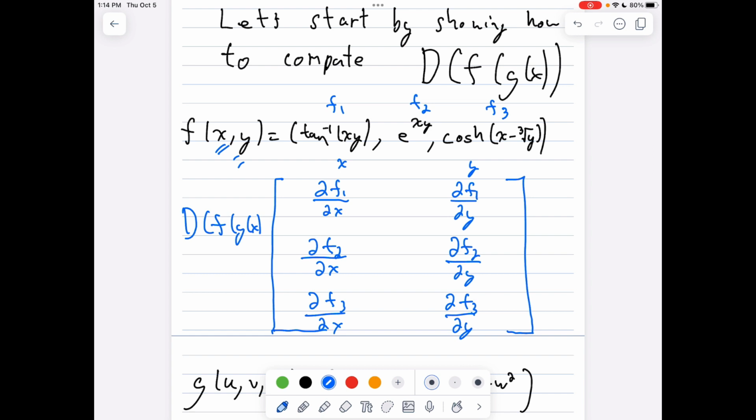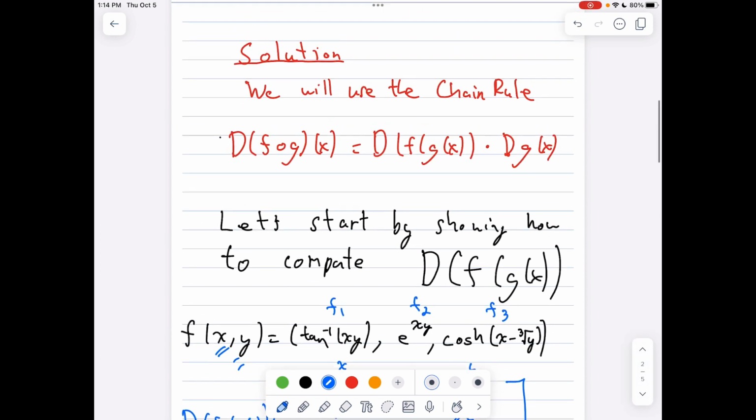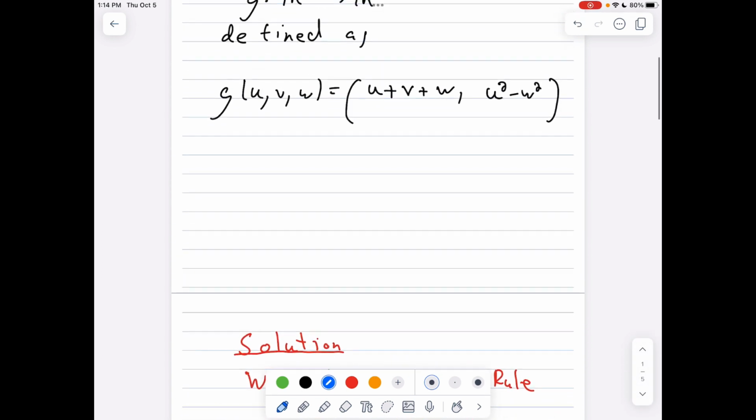Now, one thing that you technically need to do here is, once you figure out these partials, you have to replace the x and y with what x and y are functions of. So in our case, x and y are functions of u, v, and w.